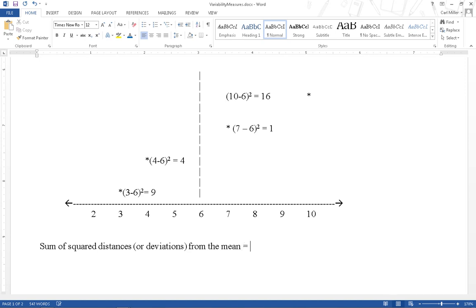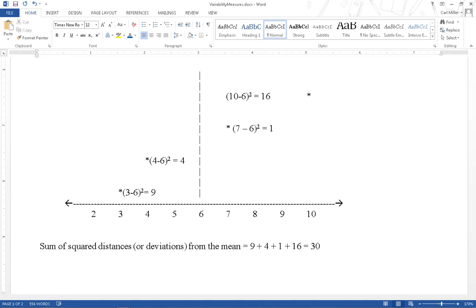Okay, so all I'm doing is taking the sum of those numbers that I got by squaring things. So I'm adding them, so the answer is a sum, and it's a sum of squared deviations because I squared all of the differences between the numbers. So that actually turns out to be what? Well, 9 plus 1 is 10, 4 plus 16 is 20, so then that sums to be 30.